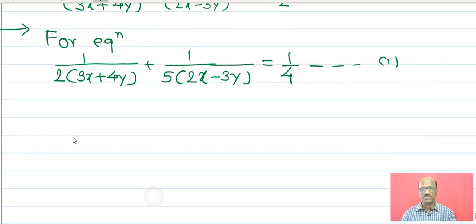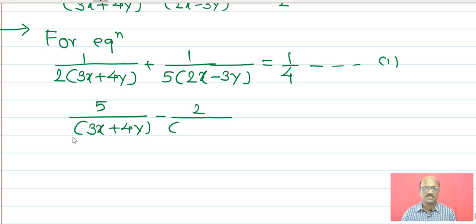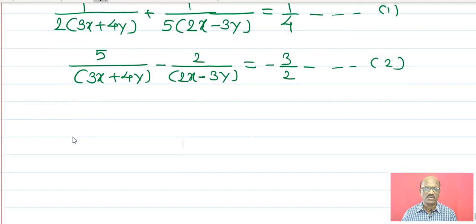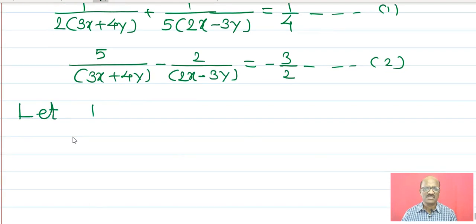This is equation number 1. And 5 upon 3x plus 4y minus 2 upon 2x minus 3y is equals to minus 3 by 2. This is equation number 2. These equations are simple.